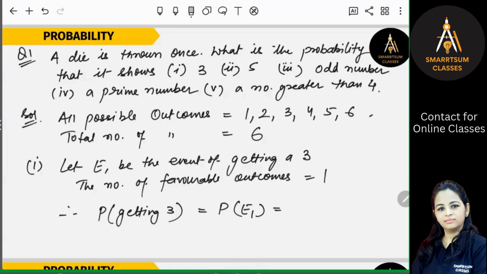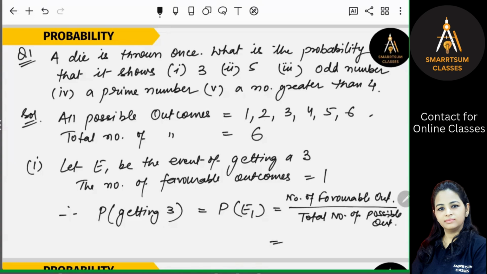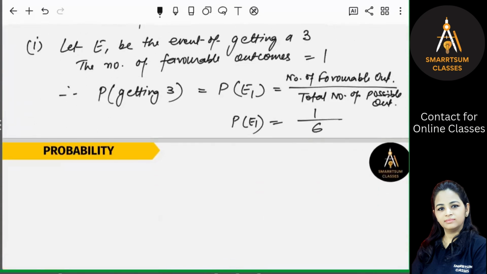First write down that you have number of favorable outcomes divided by total number of possible outcomes. This is the formula. So number of favorable outcome is just 1 and total number of possible outcome is 6. So P(E1), or P of getting 3, is 1 by 6. Is that clear?